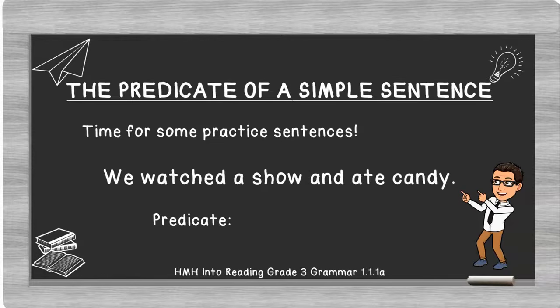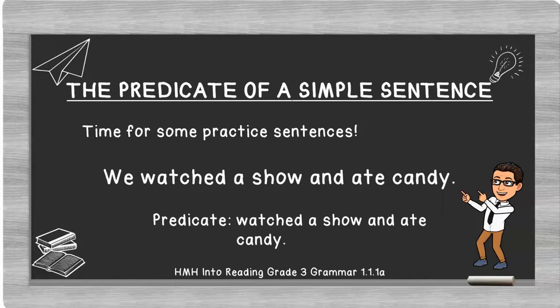We watched a show and ate candy. What is the predicate here? Think carefully. Well, in this sentence, we have a compound predicate because we have two actions here, and that is watched a show, so watched would be one, and then ate.